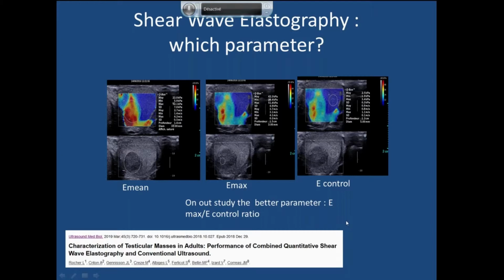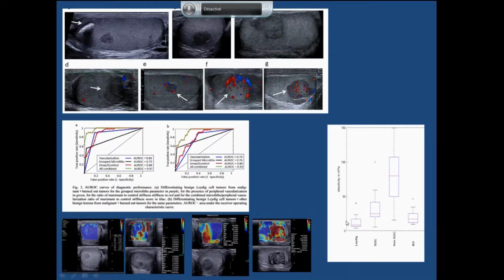the E control. And we really want to say that it's in addition to the B-mode and the color Doppler for characterization, because we defined several findings: the calcification score, with macrocalcification or diffuse microcalcifications or group microcalcifications, and also a score with the vascularization.